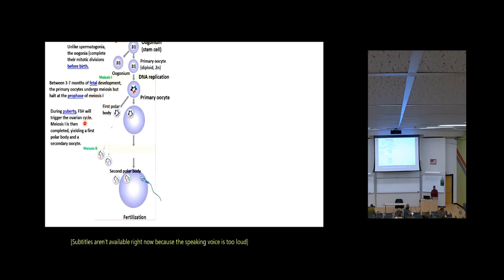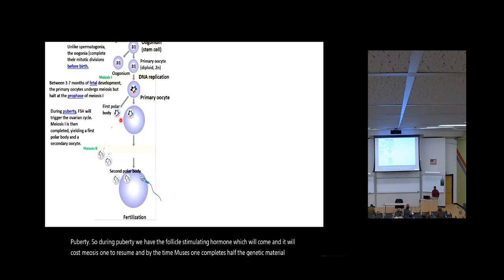So during puberty, we have the follicle stimulating hormone which will come, and it will cause meiosis 1 to resume, and by the time meiosis 1 completes, half the genetic material is lost in a first polar body, right? And we have only 1 secondary oocyte being produced at the end of meiosis 1.